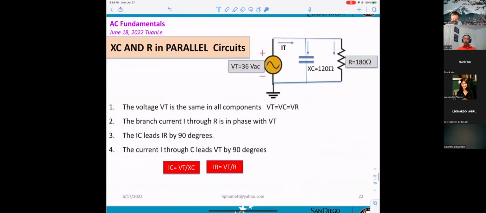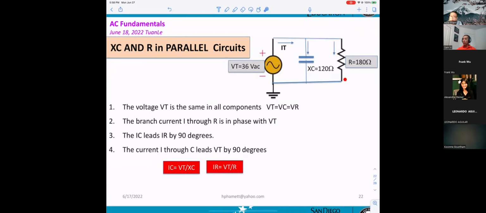Now we're talking about RC in parallel. Make sure you understand when you go to RL circuitry, they will be the same, with a minor difference. Okay, so now you have the capacitor in parallel with the resistor.